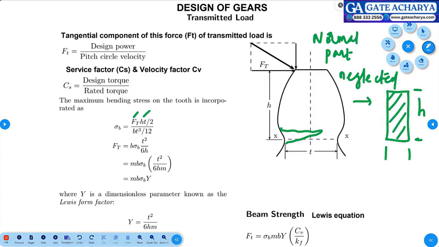Because when the tooth bends like this, it will be tensile stress here and compressive stress here, and that value will be maximum at T by 2. See, M is equal to Ft into H. Y is equal to T by 2. So sigma B by Y is equal to M by I. Got it?